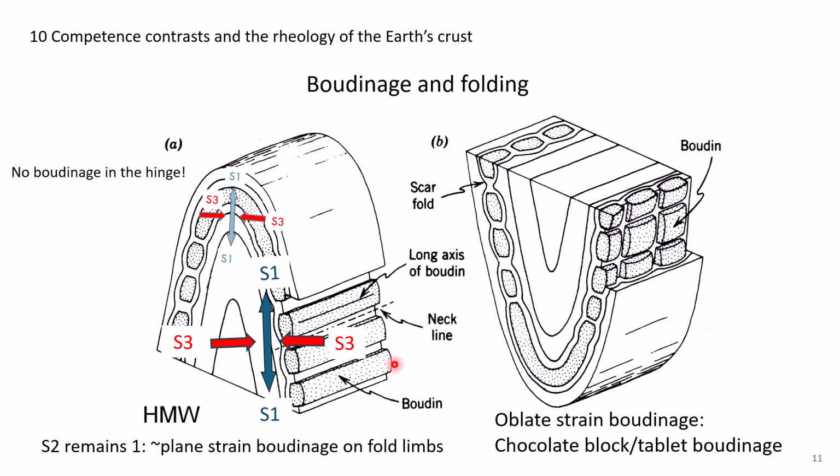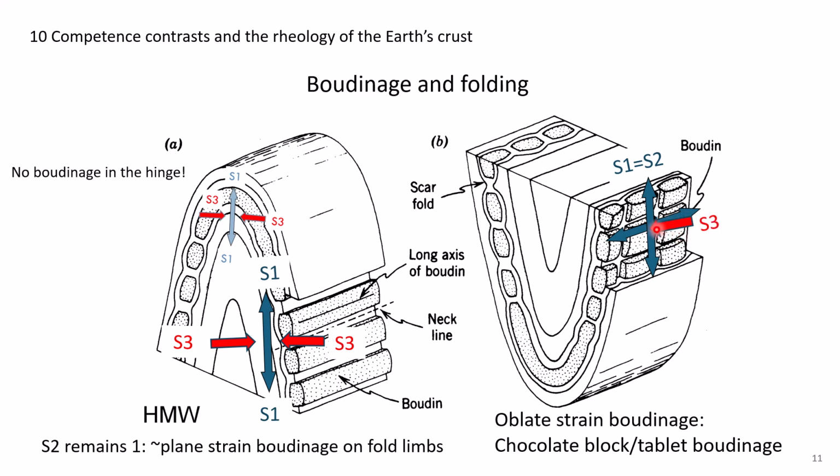The boudin type that forms under oblate strain conditions would look like that. Here we see a different type. We see stretching occurs in two directions. S1 and S2 both are undergoing elongation, and that would break up our competent layers in two directions at the same time.